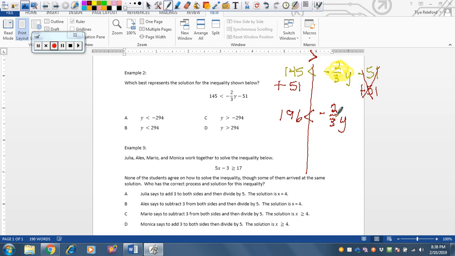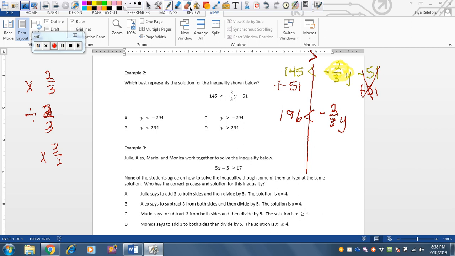Now, how are you going to get rid of negative 2/3? So step 2 is to multiply or divide. Right now, you are multiplying times a fraction. So what you want to do is divide by the fraction, which is the same as multiplying by the reciprocal.